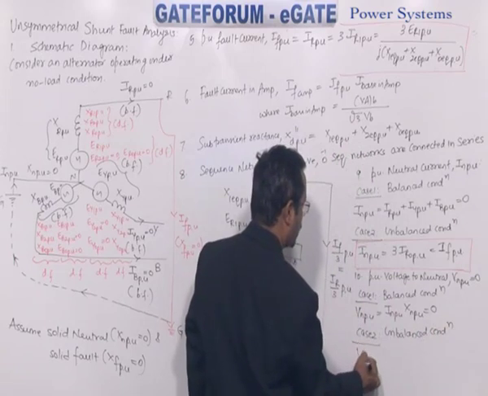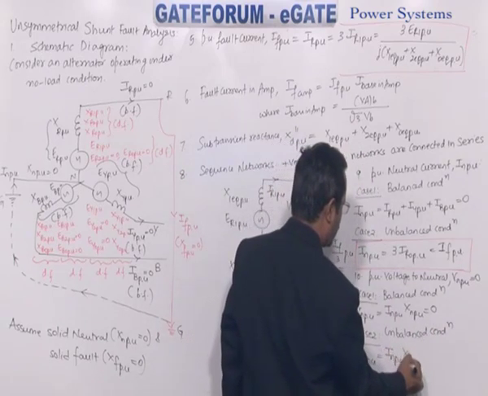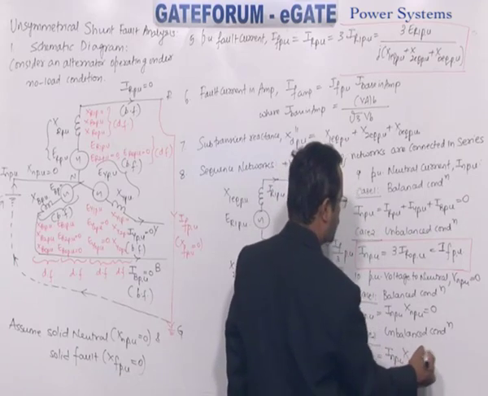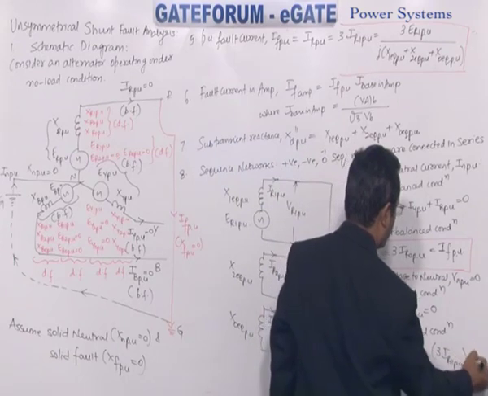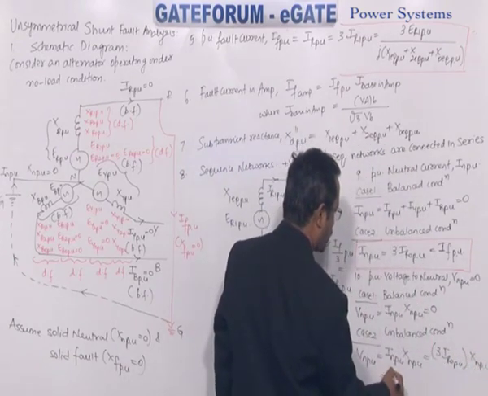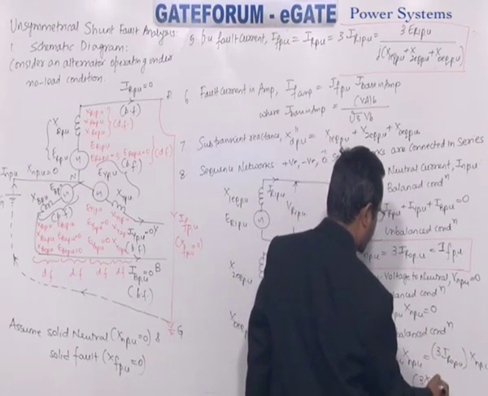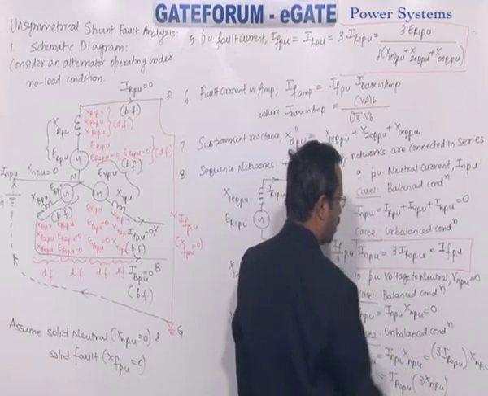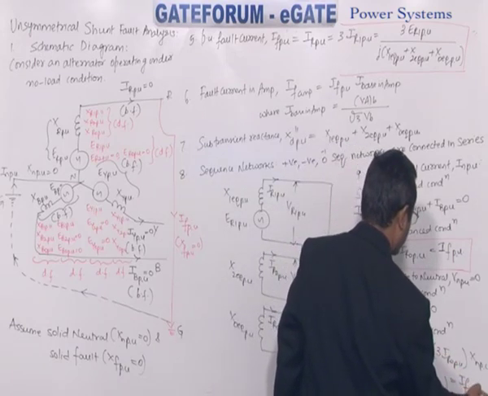In unbalanced conditions, first we write the formula IN into Xn, but how much is that IN? 3 IR0 multiplied with Xn. So how much do you get now? IR0 multiplied with 3 Xn per unit, or 3 IR0 is again IF, so IF into Xn per unit.